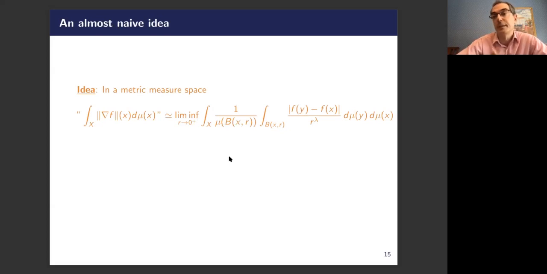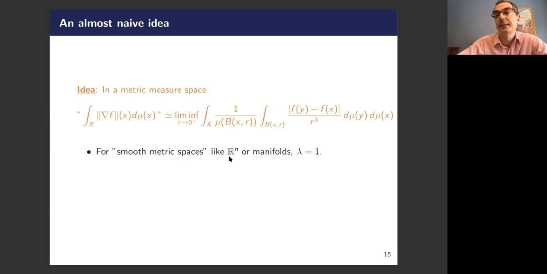We approximate the gradient by the ratio of the increment of the function over a ball whose radius goes to 0, and we take the limit when r goes to 0. So this is an almost naive idea to replace the gradient by a metric approximation. However, we are going to see that this idea is fruitful enough to develop a theory which is reasonable and intuitively correct, at least in some large classes of metric measure spaces.